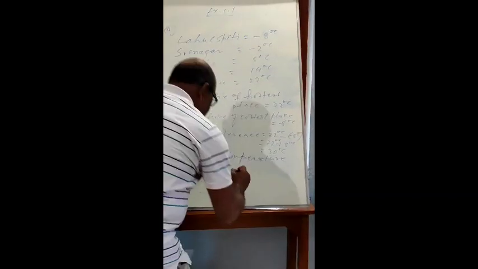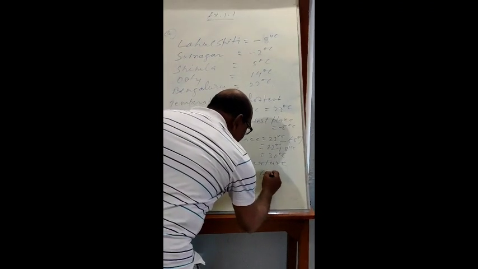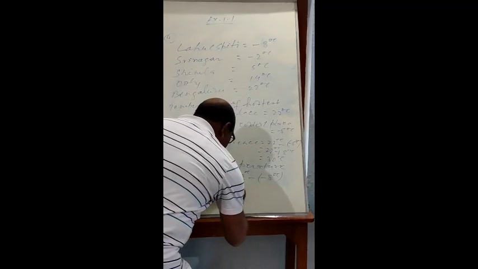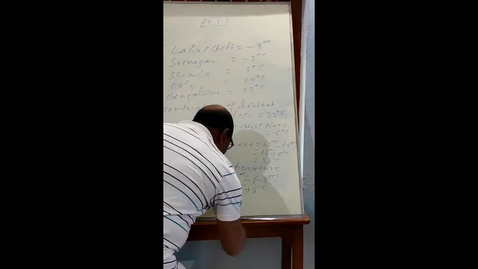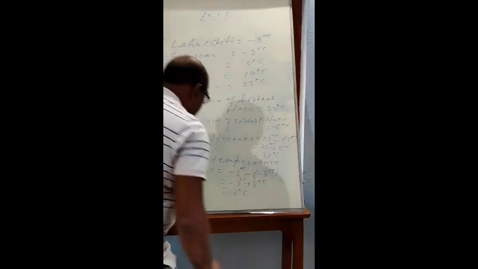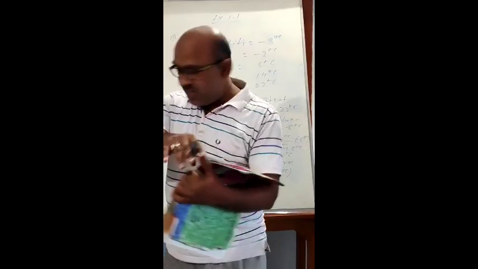Therefore, the required difference is minus 2 degrees Celsius minus minus 8 degrees Celsius, which is equal to minus 2 plus 8, and this is 6 degrees Celsius. Now, question number 1D.